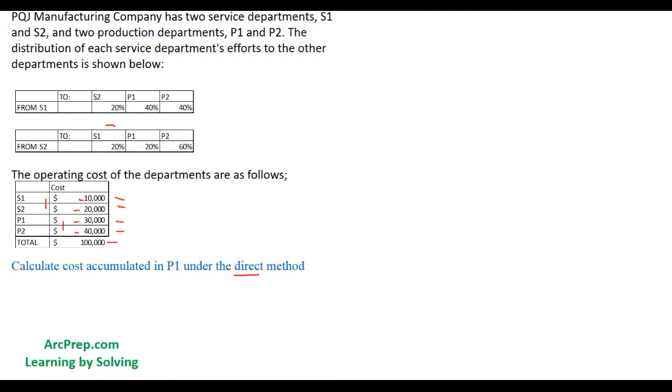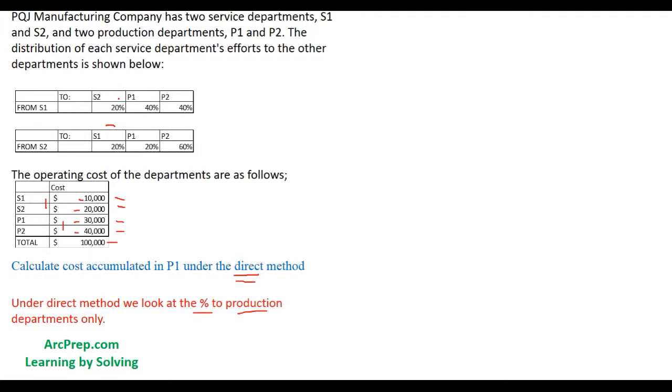So there are, as I mentioned, two service departments and two production departments, and we are going to go over direct method first, and in another example we are going to see how we are going to solve it under step method. But first, under direct method, we look at the percent of production departments only.